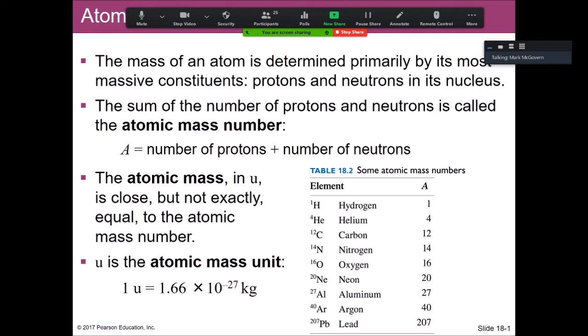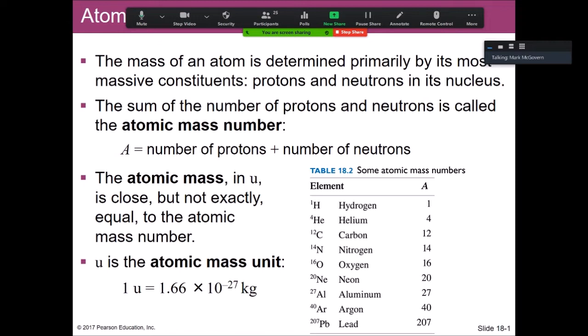But if I were to look up, say, iron, right? So we're going to look up iron here. So the mass number for iron is 55.845. And so it's not a whole number. It's because they take into account the elemental abundances of iron.